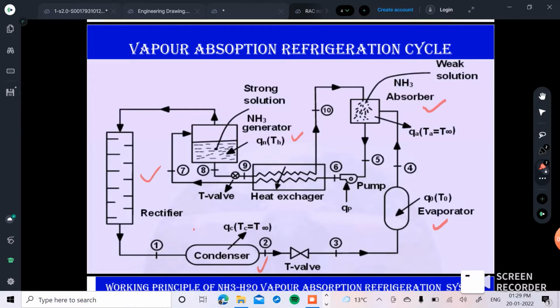After compression, the vapor is separated by the application of direct heat in a generator. The vapor is then throttled and evaporated in the usual way.